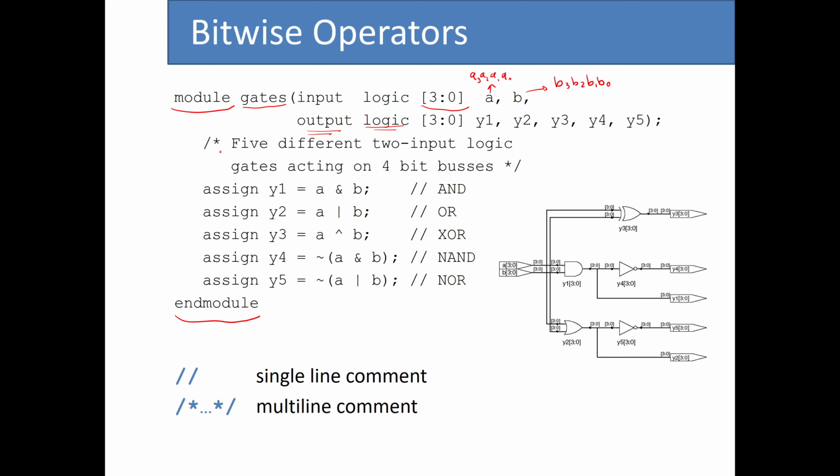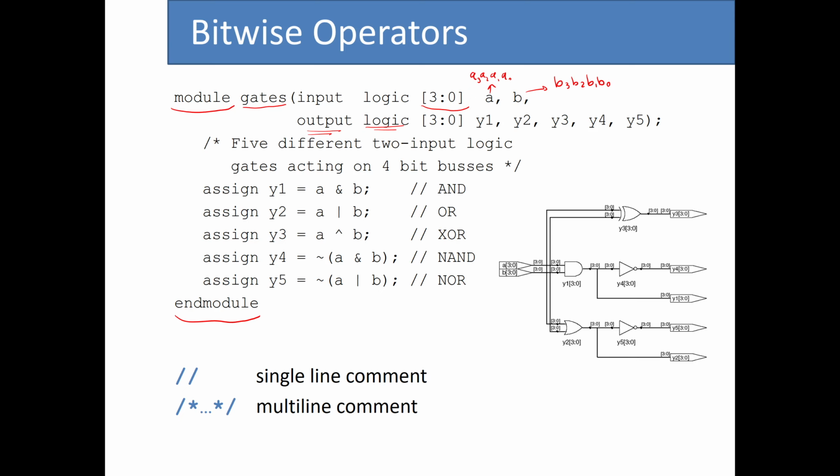Inside the module we have 2 lines of comments. If you remember from before, if we wanted a single line comment, we could use 2 slashes. If we want a multi-line comment, we can put our comment between slash star and then star slash, and whatever is written between these two is considered a comment and won't be executed.